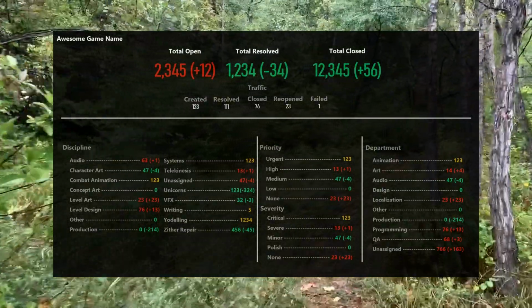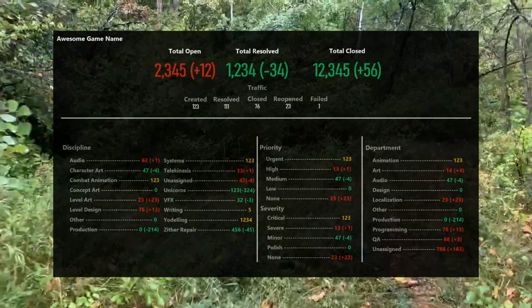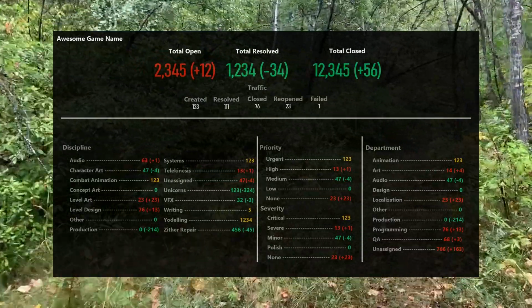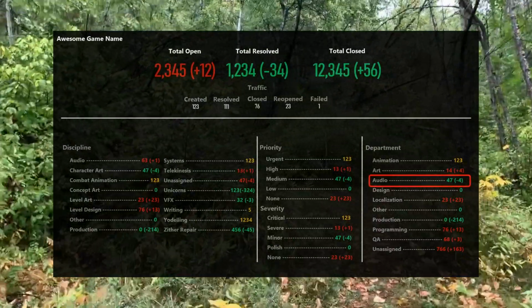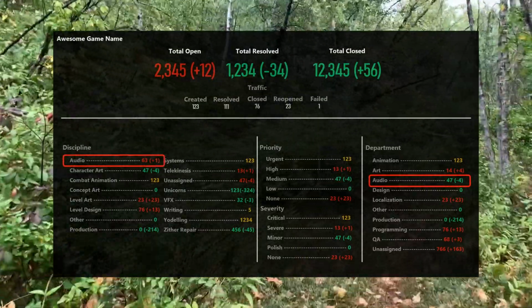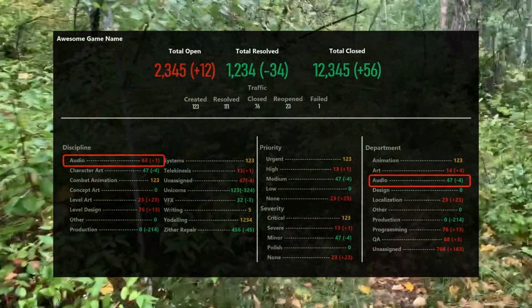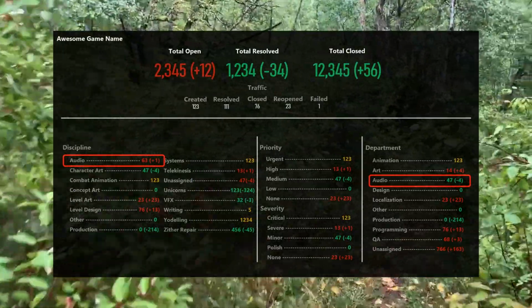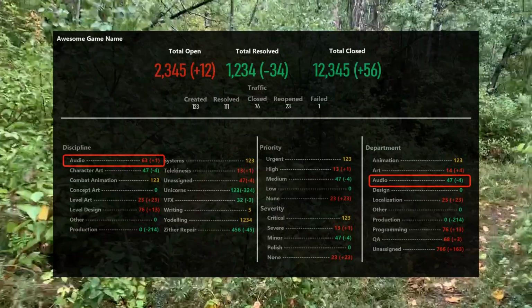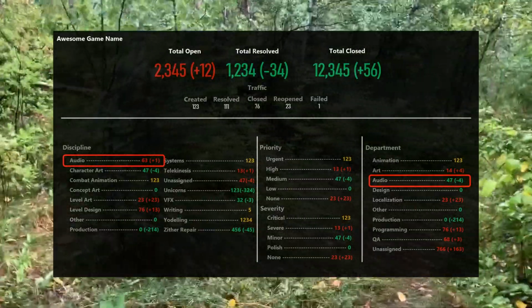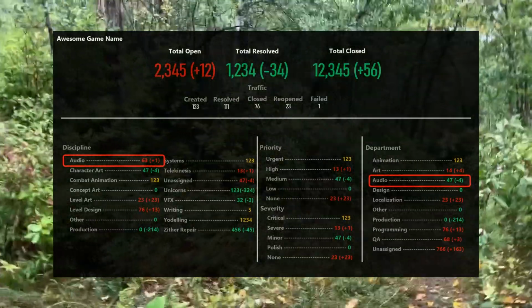One quick thing on this, you'll notice that we actually have some disciplines and some departments that have the same name, but they don't necessarily match up in terms of total number of bugs. And that's because department is based entirely on the work that the person does, the kind of work. Discipline is based upon the feature set as a whole.